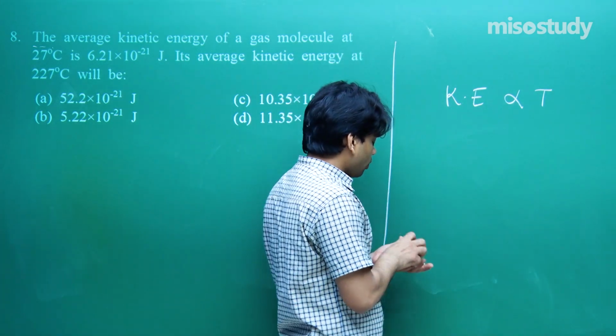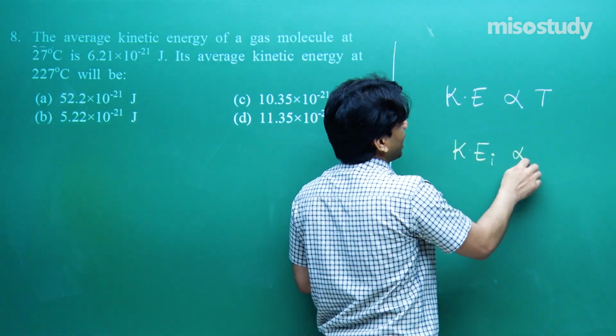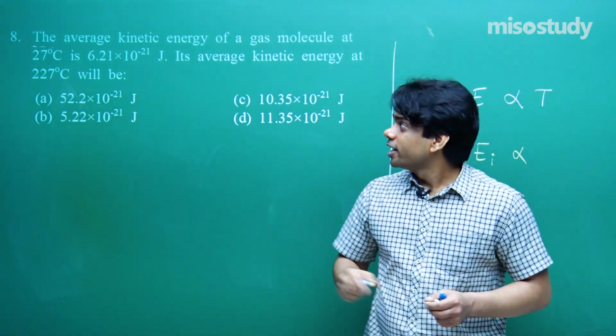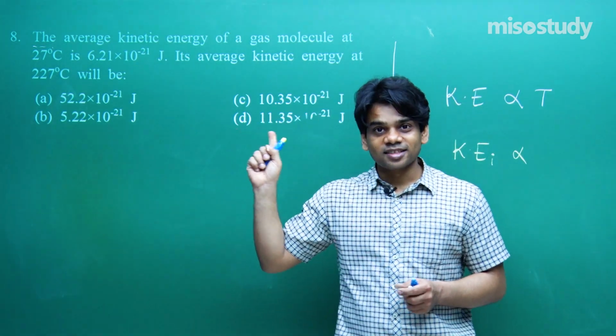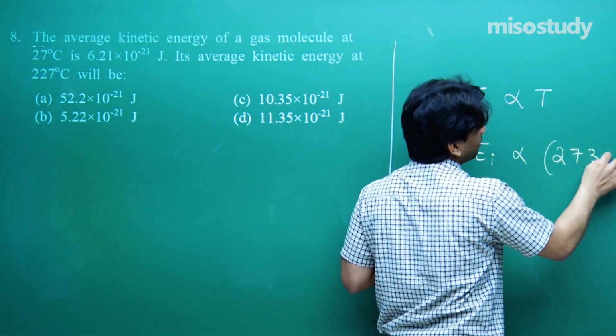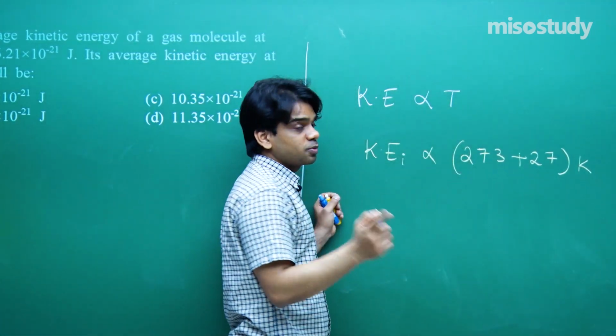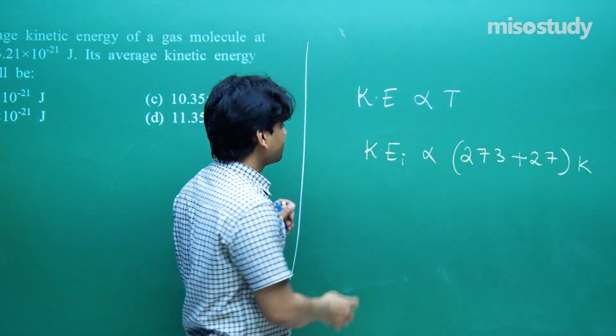So if I talk about initial kinetic energy, that will be directly proportional to initial temperature, which is 27 degrees Celsius. So that will be proportional to 273 plus 27 Kelvin. Remember, temperature you should always express in Kelvin units.